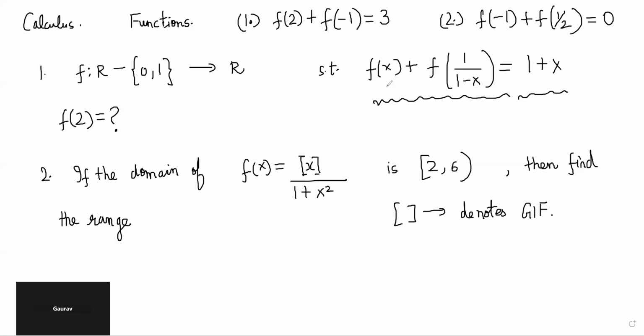And now we need f of half. So if you put x is equal to half, you get f of half plus f of 1 by 1 minus half, which is f of 2, is equal to 3 by 2. There are three equations and three unknowns. You have to find f of 2.